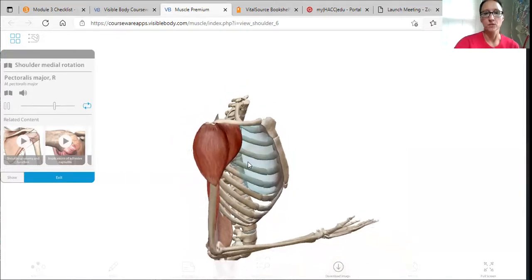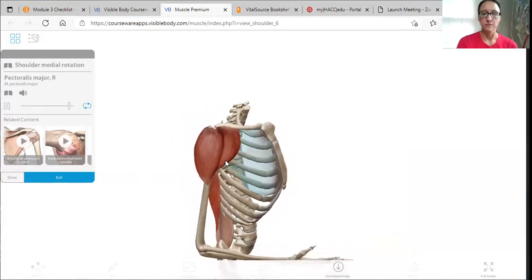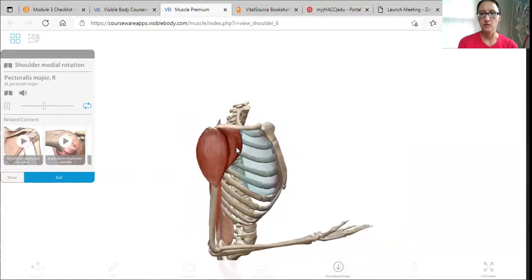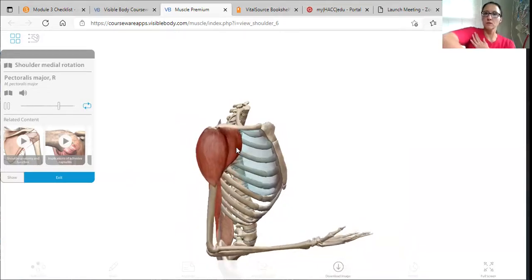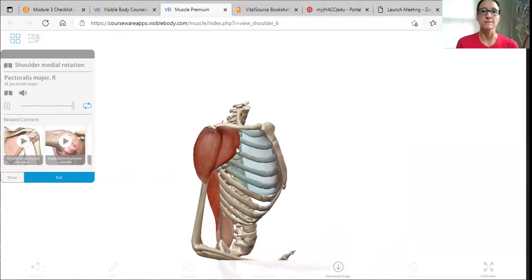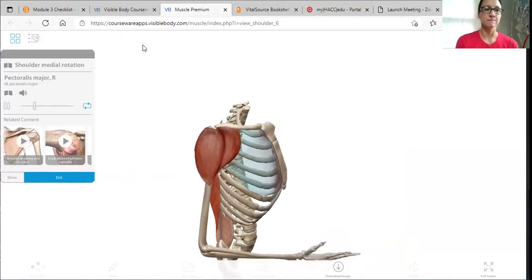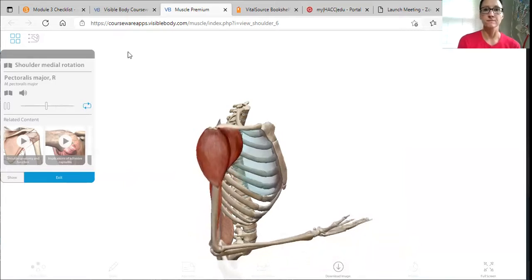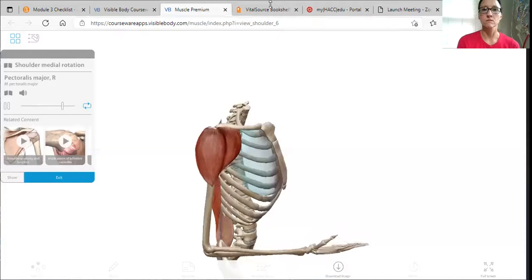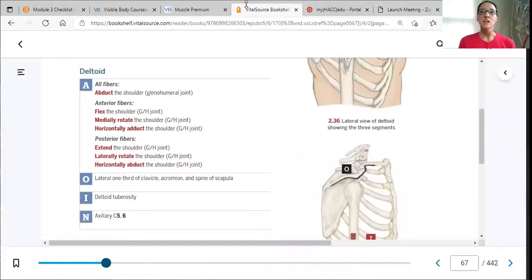So they're showing you that here too. Okay, so right about here, that's medial rotation. Rotating the shoulder towards the midline, medial rotation. Awesome. There we go.